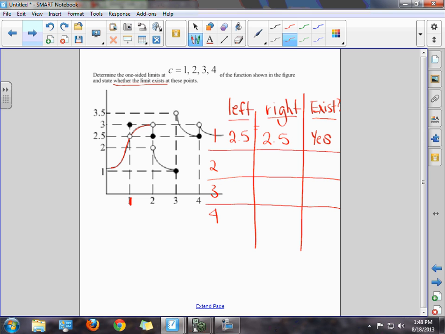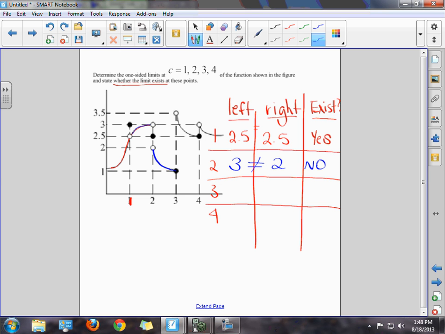Now let's try 2. Switch colors on you. For 2, if I approach from the left, I'm approaching 3. Now if I approach 2 from the right, I'm approaching 2. These things are not equal, so no, this does not exist.